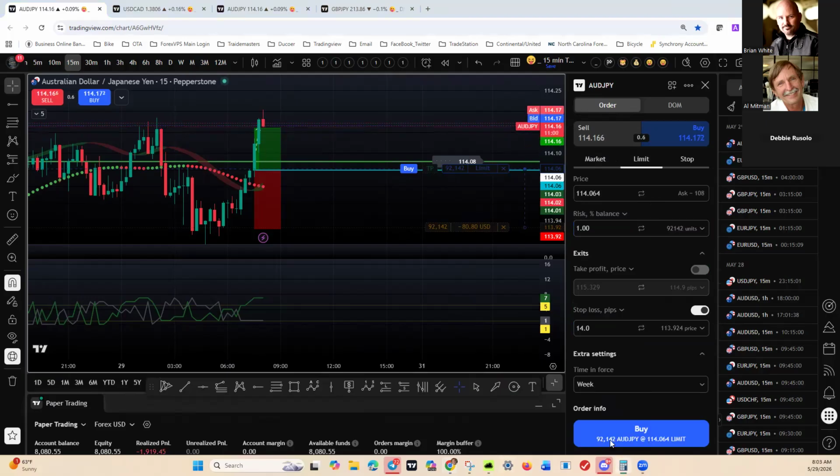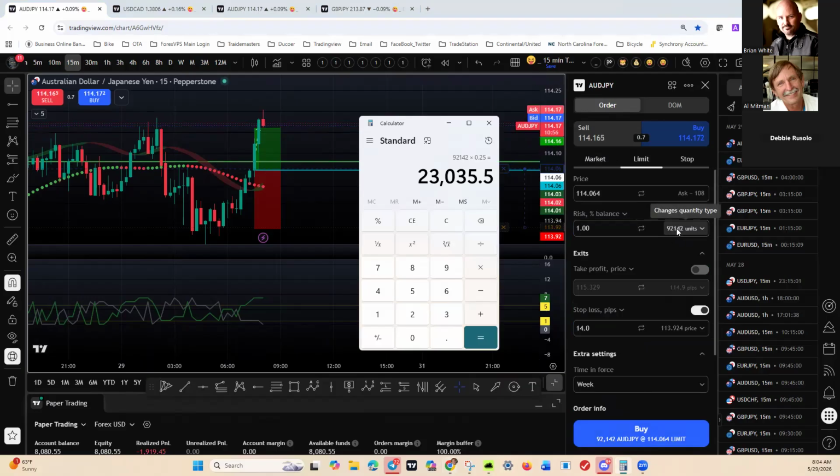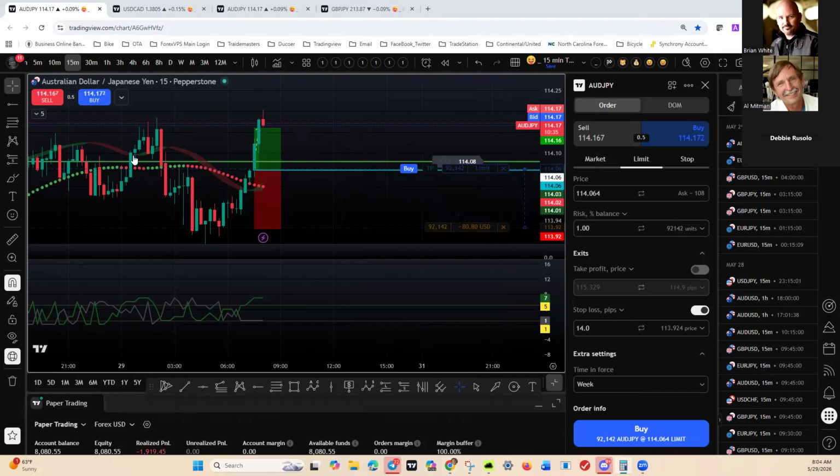I'll pull my calculator up, and I'm going to see how many units do I have. 92,142. Good. So with 92,142, multiply that by 25%. So that's how many units I'm going to take off at the 25%, at the 10 pip target. So I'll just sort of keep that handy so I have it.